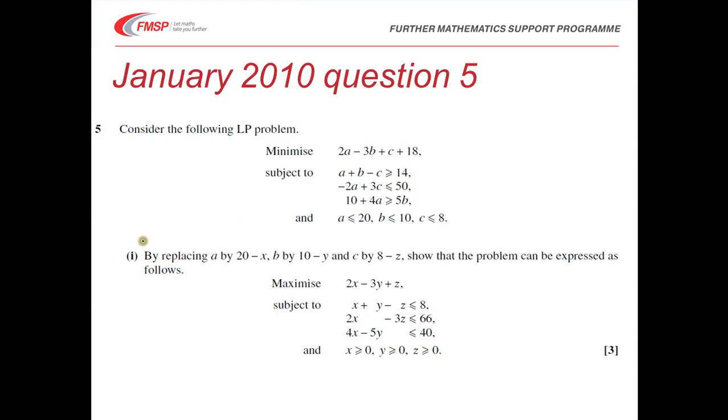So what we have to do first of all in part 1 is convert it into a maximizing problem, and we're told to do that by replacing A by 20 minus x, B by 10 minus y, C by 8 minus z, and by doing that the first thing we have to do is show that we can write it in that form.